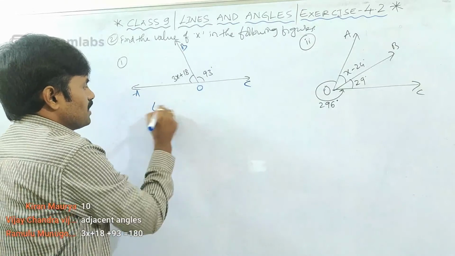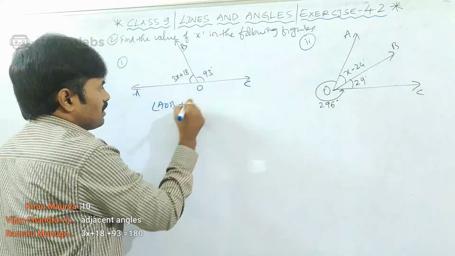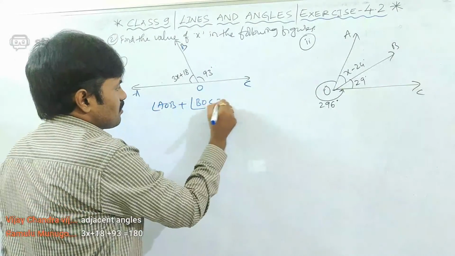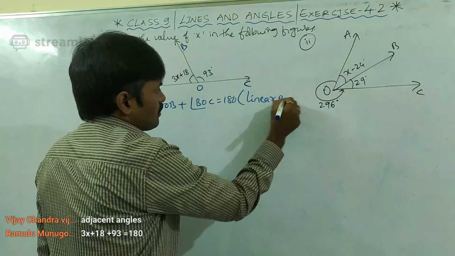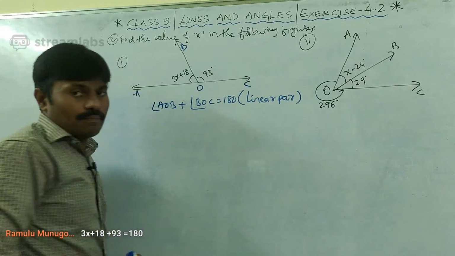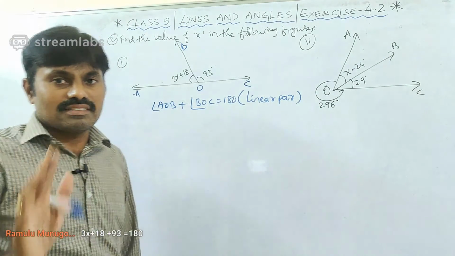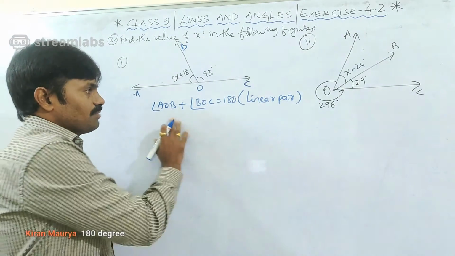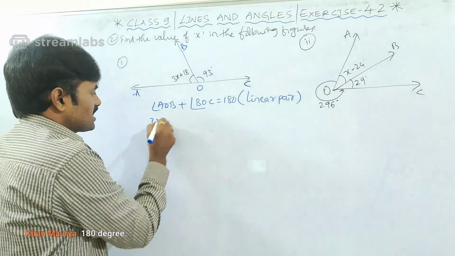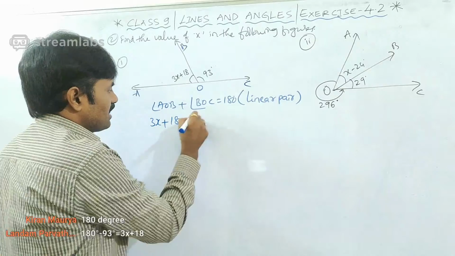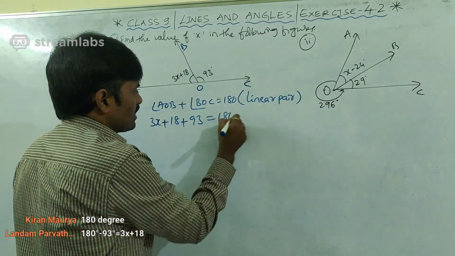Angle AOB plus angle BOC is equal to 180 degrees. Reason: linear pair. My dear students, in geometry, for every step you have to write the reason. So 3x plus 18 degrees plus 93 degrees is equal to 180 degrees.